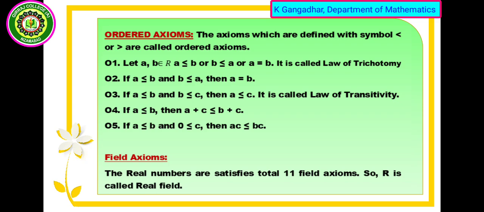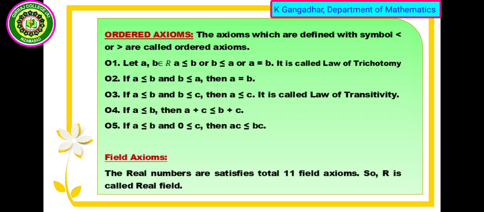Here 0 is the additive identity and a belongs to R. Next, inverse, defined with respect to addition: a plus (minus a) equal to (minus a) plus a equal to 0.